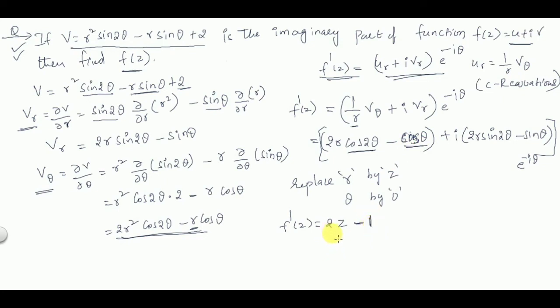So f dash of z is equal to 2z minus 1. Here sine 2 theta is sine 0, which is 0, so this becomes 0, and the other term is also 0. So 0 minus 0 is 0, and 0 multiplied by anything is also 0. So the total imaginary part becomes 0 when you substitute theta by 0, and you have got only this.